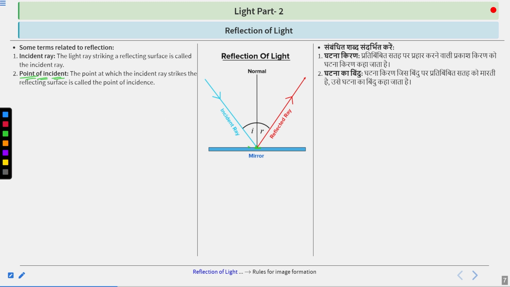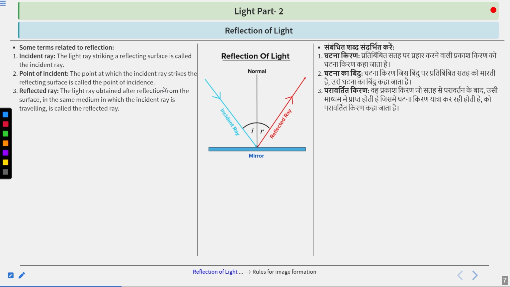We could not take this point, or this, or any other point. Why? Because these are not the points where the incident ray is striking. The incident ray is striking only this point, so only this point will be considered as the point of incidence.